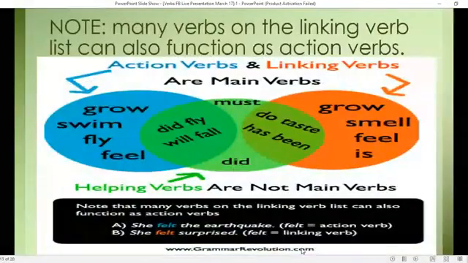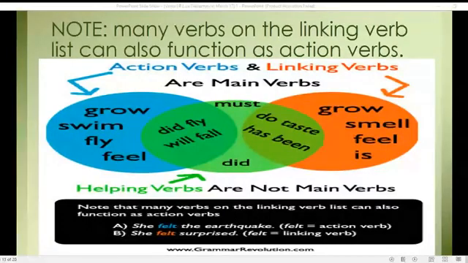So, note that many verbs on the linking verb list can also function as action verbs. Here's the illustration coming from the Grammar Revolution. The blue ones are action words and the red ones are the linking verbs. So they can also interconnect with one another when the main verbs or the helping verbs are also considered as action verbs.